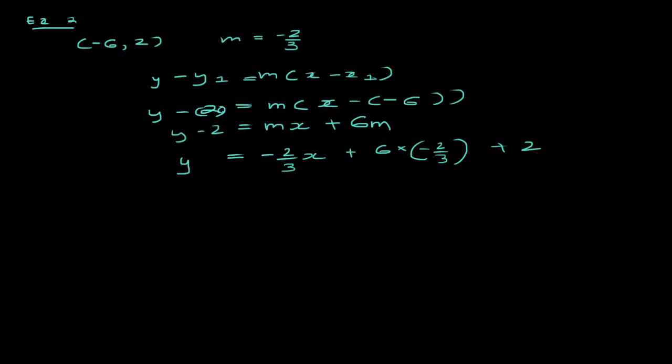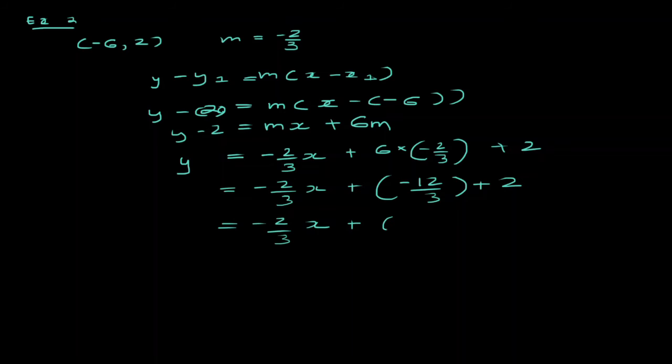And if we simplify this down a little further, you're going to get minus 12 over 3 plus 2. Minus 12 divided by 3 is minus 4, plus 2, and you get minus 2 over 3x minus 2.